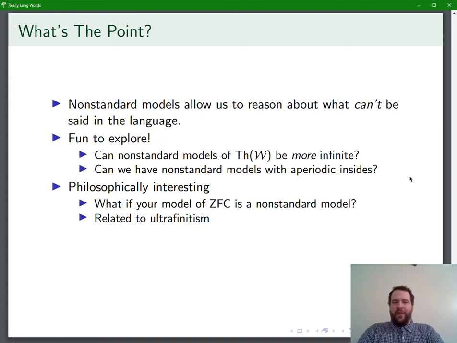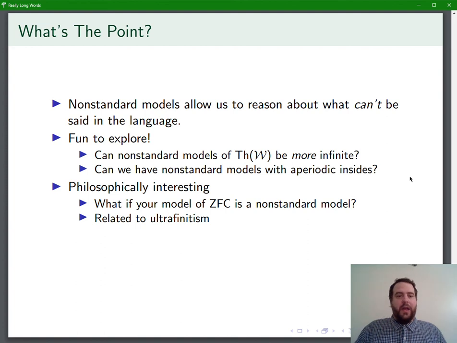There's lots of other questions you can ask about, like what sorts of positions can we have for these words? And you can also ask, can we do infinite words with aperiodic insides, right? So what happens if we throw in a new word that isn't periodic? Can we make sense of that? Can we throw that into our non-standard model and kind of be able to complete that into an actual non-standard model?